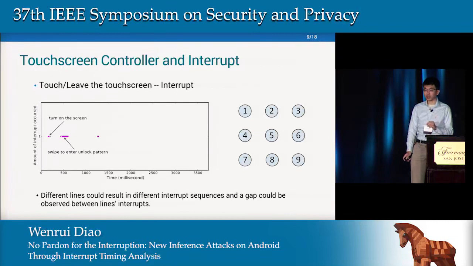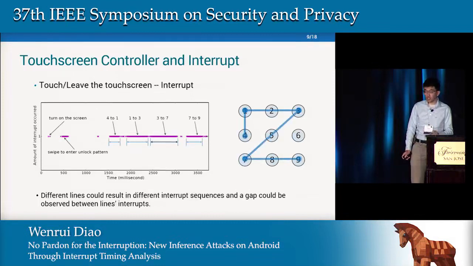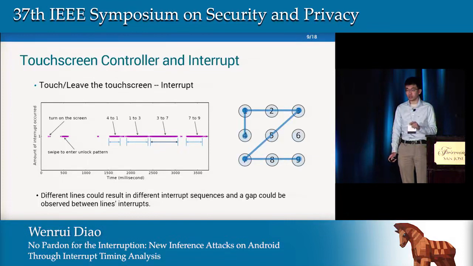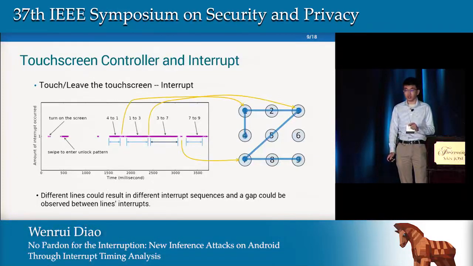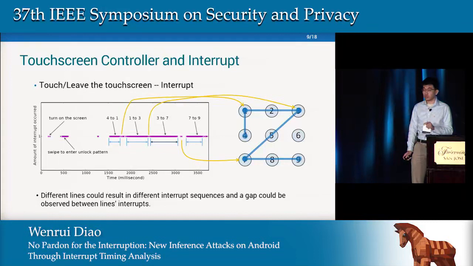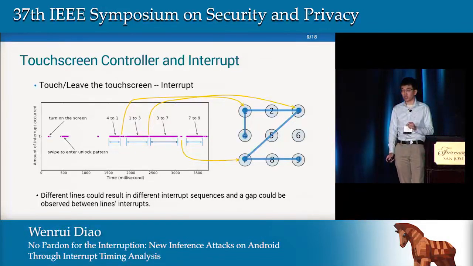For example, when the user draws 4 to 1, 1 to 3, 3 to 7, 7 to 9, the interrupt amount from 3 to 7 is more than others. Also, a gap could be found at dots 1, 3, and 7. This correlation between interrupts and finger movements motivates us to model the unlock pattern through interrupt timing analysis.